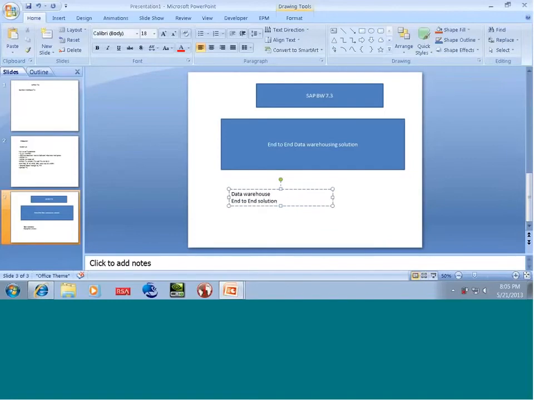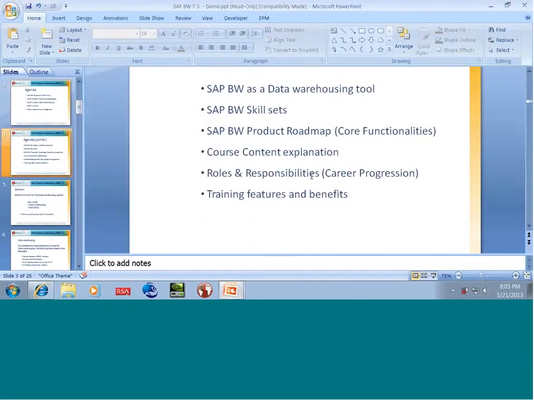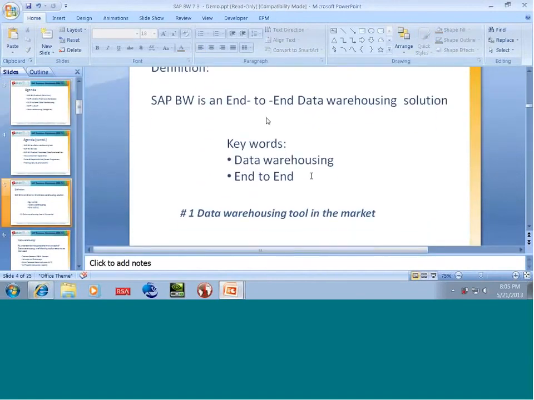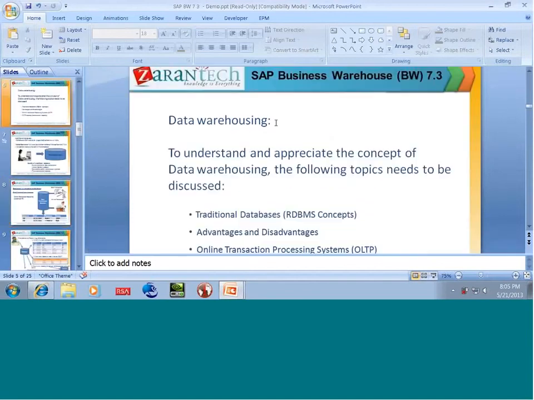Let's first talk about the data warehouse and see what is actually a data warehouse. So let me quickly flip back to the other presentation. As I said, BW is an end-to-end data warehousing solution. The most important keywords in this definition are the data warehousing and the end-to-end solution. So let's take a look at what data warehousing is and what an end-to-end solution means to us.